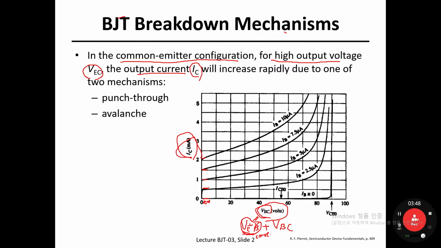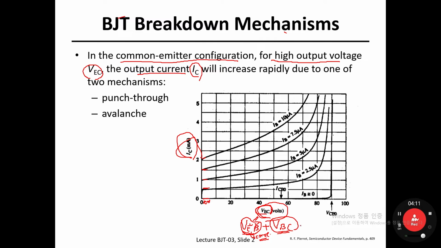Here VEC consists of VEB plus VBC, but in the common emitter configuration VEB should be constant. Therefore, while you are varying the VEC value, that is equivalent to varying the VBC voltage.